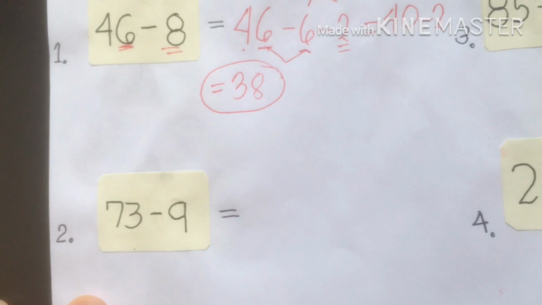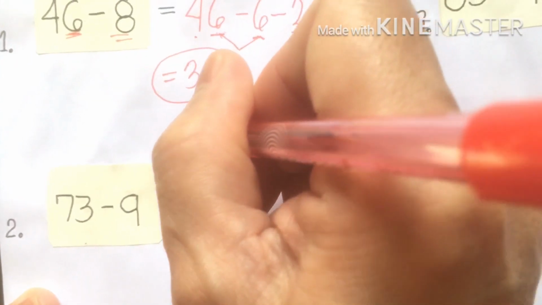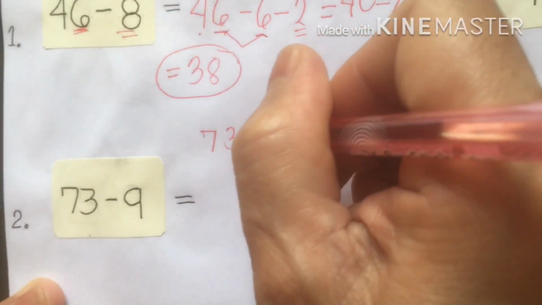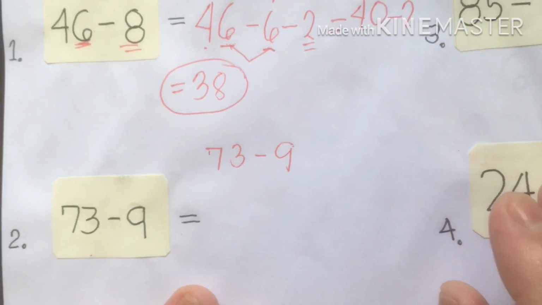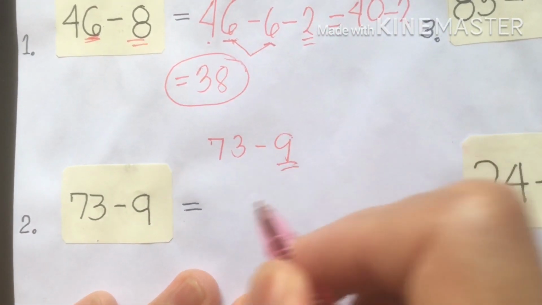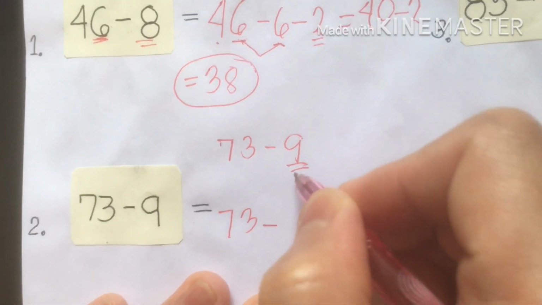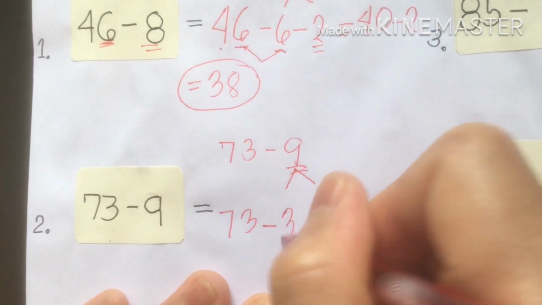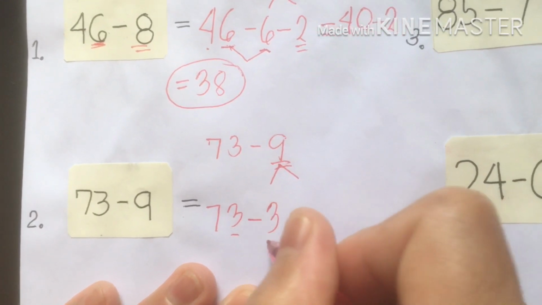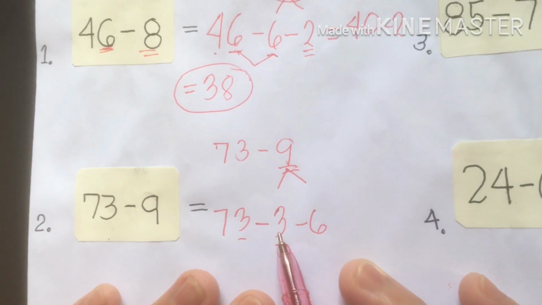Let's proceed to 73 minus 9. So I'm going to write 73 minus 9. We're going to break number 9 into 6 and 3, so 6 plus 3 is 9.